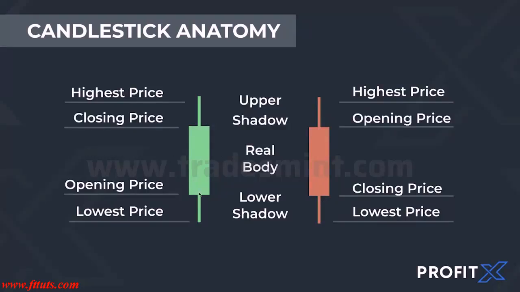If we use green and the body is full green here, then that means there was a lot of bullish pressure. So the candlesticks are our friend. We are going to use them to understand what is happening at a given point, and we will enter because the candle will give us a good idea of where the price is likely to go.